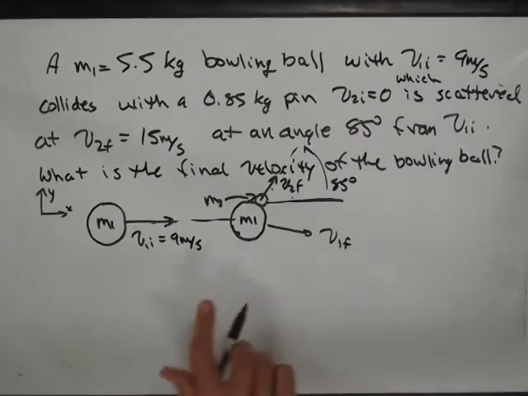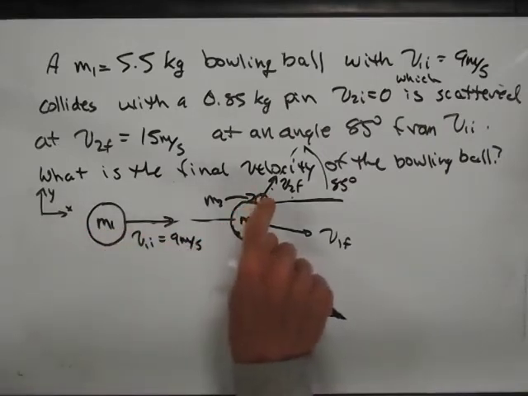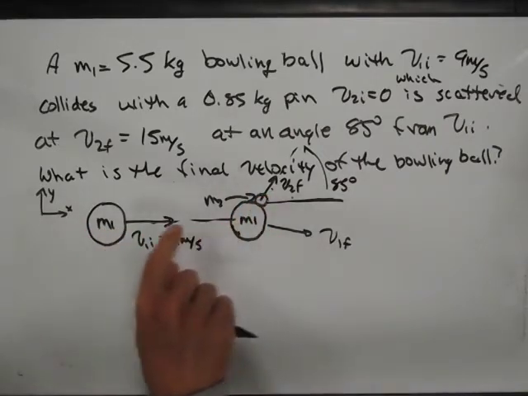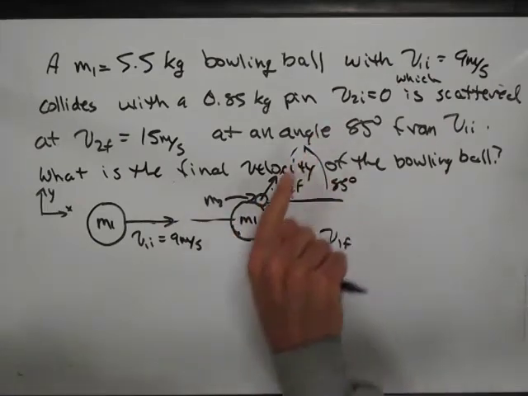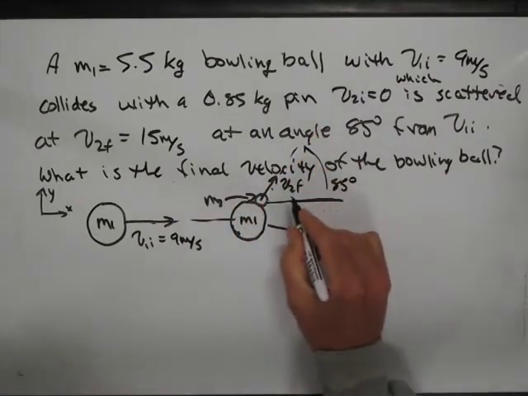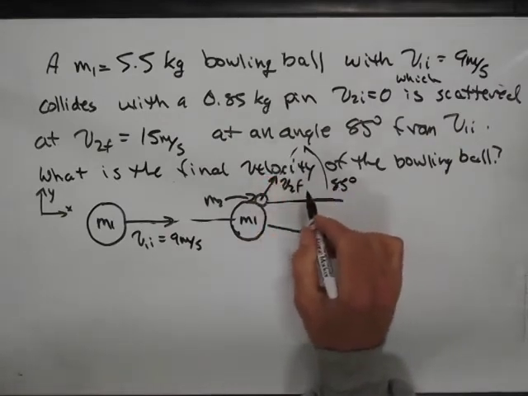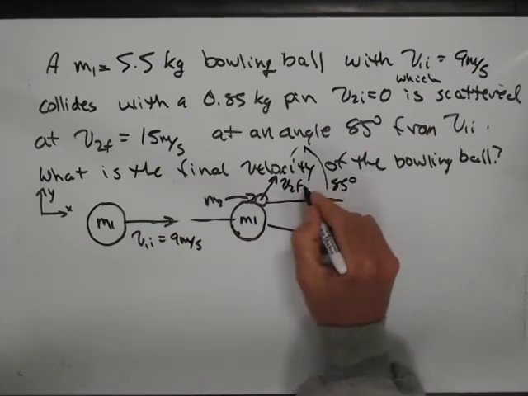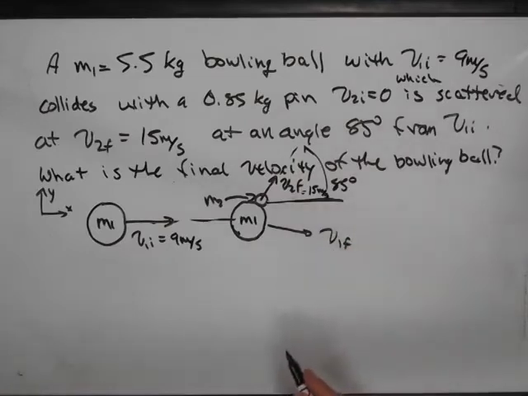And so I've got the initial momentum of the ball going this way. M2 is at rest, so it doesn't matter. After the collision, I know the velocity and direction of the pin, and they're asking me for the velocity and direction of the ball. V2 final is 15 meters per second, and the direction is 85 degrees from the horizontal.